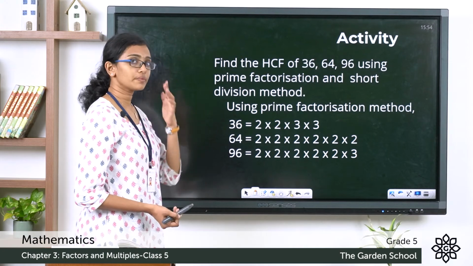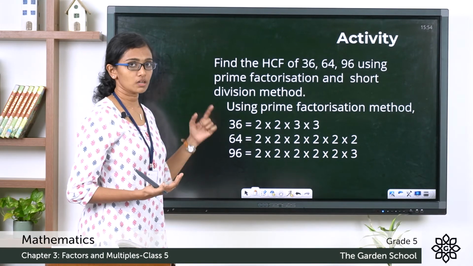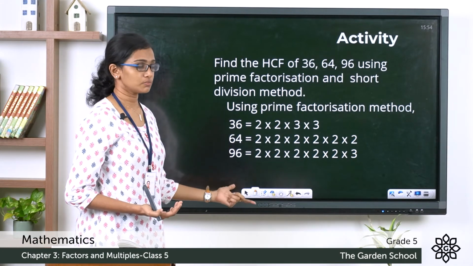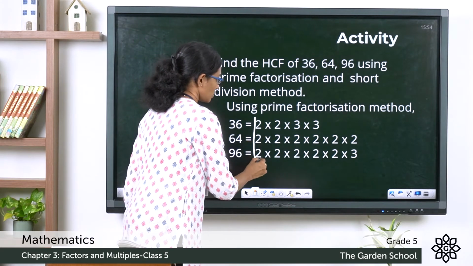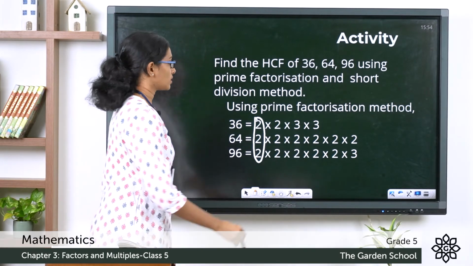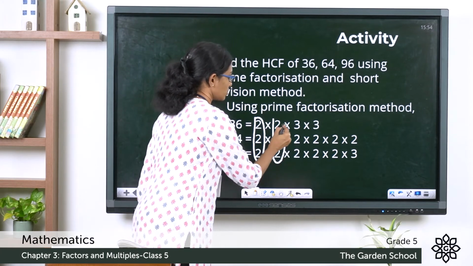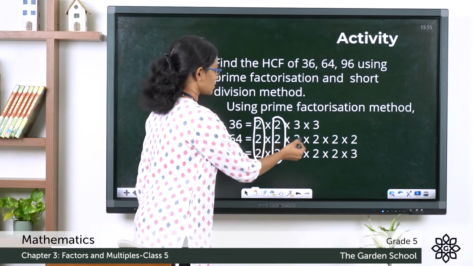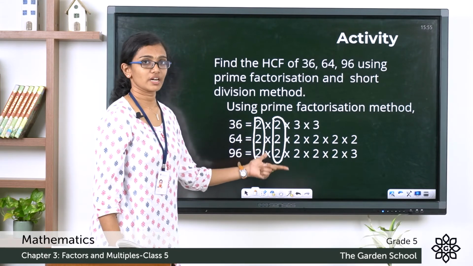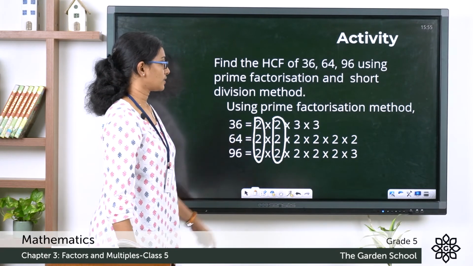Now, what is the next step? You have to find out the common prime factors and group them together. So, let's group the common prime factors. This 2 is common to all these 3 numbers, right? This 2 is also common to these 3 numbers. Now, what about 3? 3 is not there in 64's factorization. So, you don't take that 3.